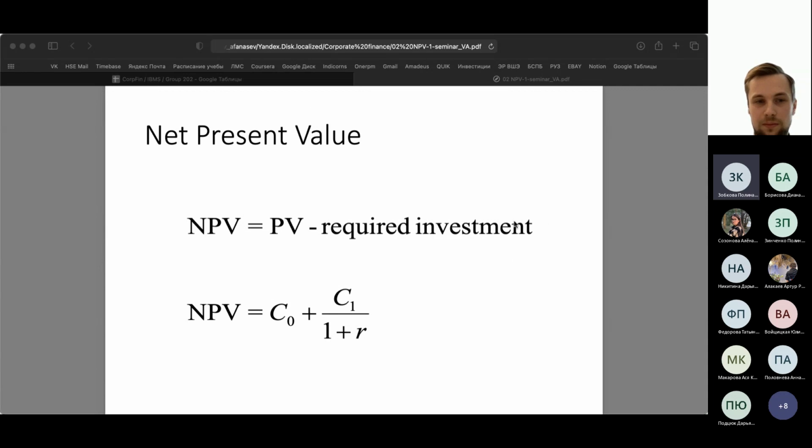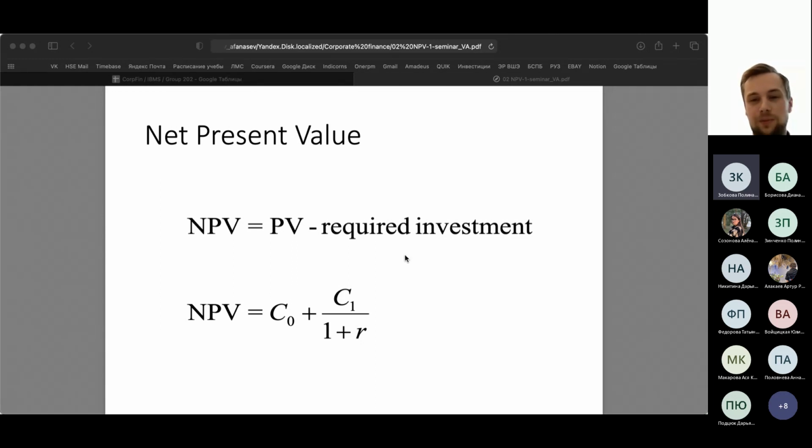Net present value is about how much we gain after we invest. So that is our current plus the money we gain.